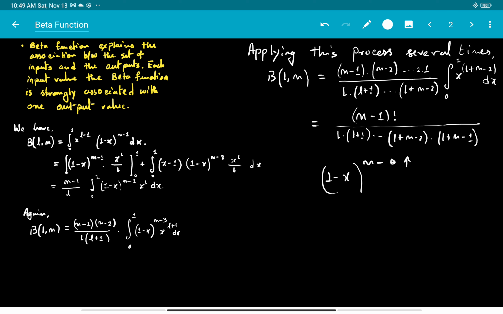As these things are eliminated, 1 minus x will be left with this, which means 1. That is basically what is happening here. We'll perform this, and we'll be left with these things. So this is intuitive; you can also write a program or something like that to understand how this is going on.